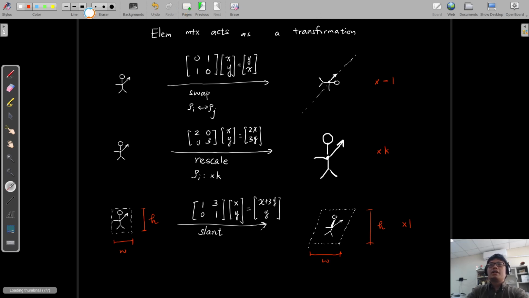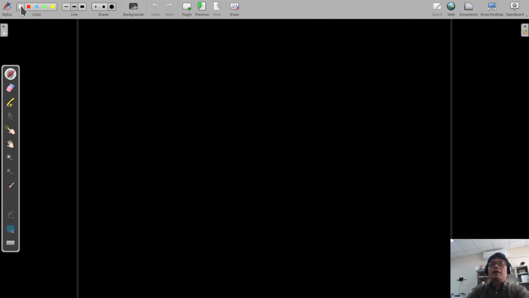So let's get to the summary of this lesson. For each matrix, we can consider something called a column parallelotope.